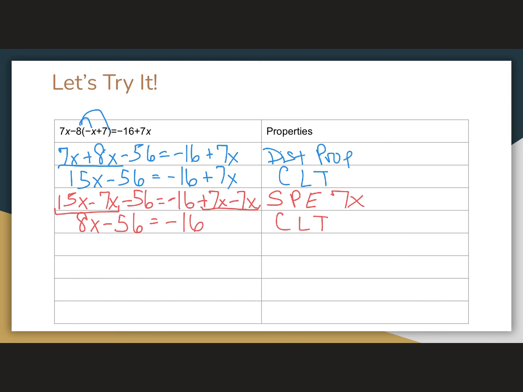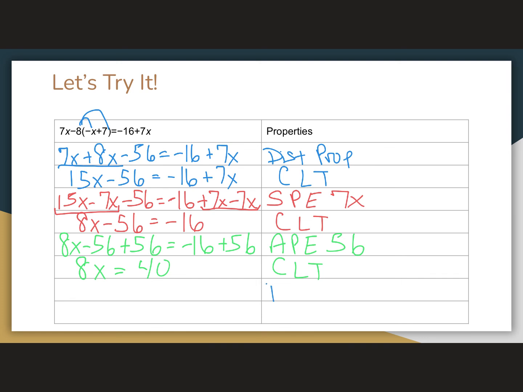My next step is to add 56 to each side. So I have 8x minus 56 plus 56 equals negative 16 plus 56. When I combine my like terms, I get 8x equals 40.